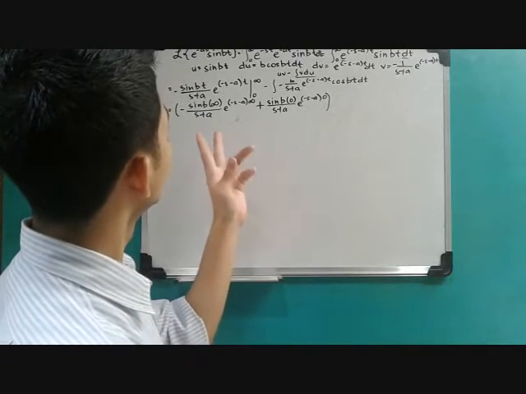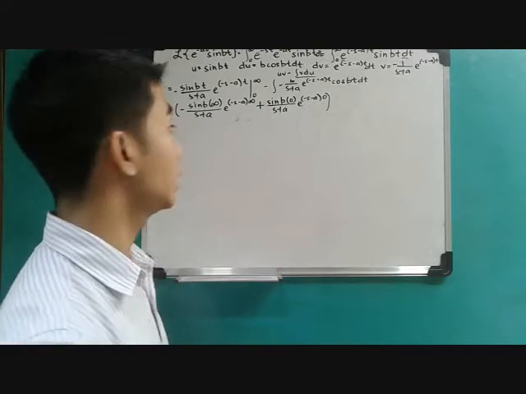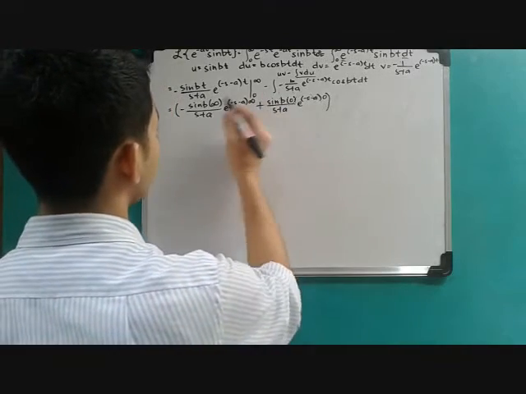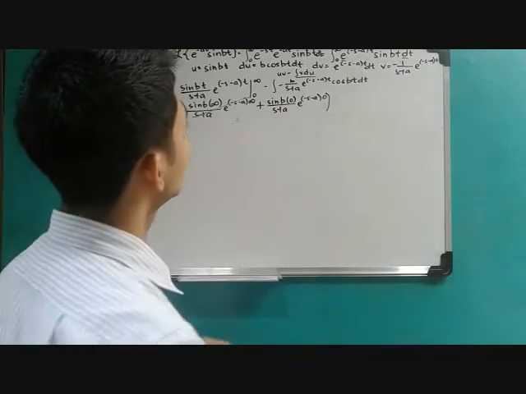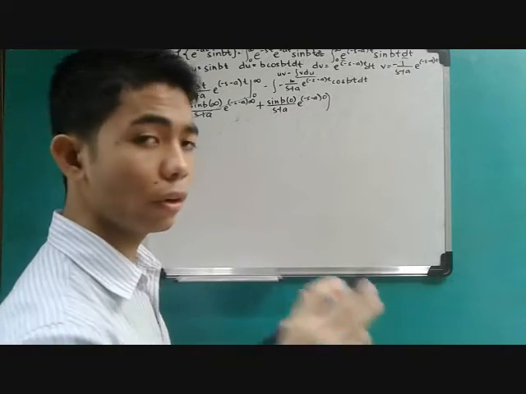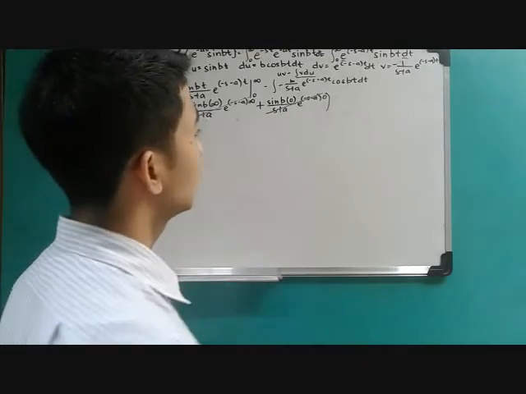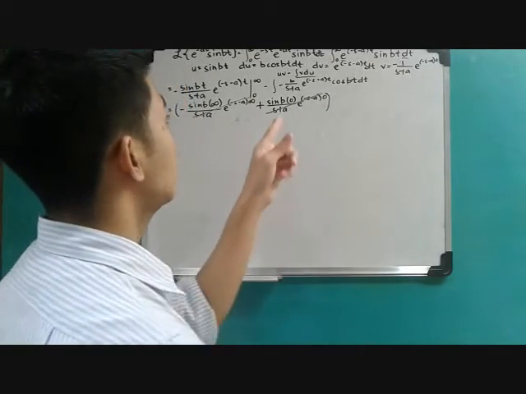So e raised to a negative very large number is equal to 0. So this will cancel. And sine 0 is equal to 0. So 0 over any number will become 0. Cancel.